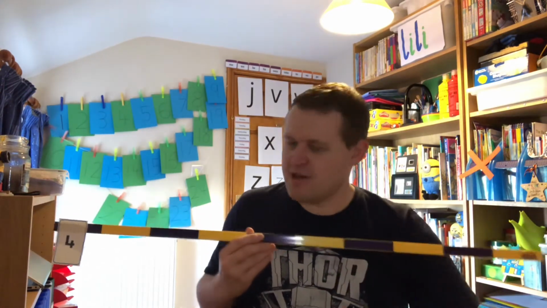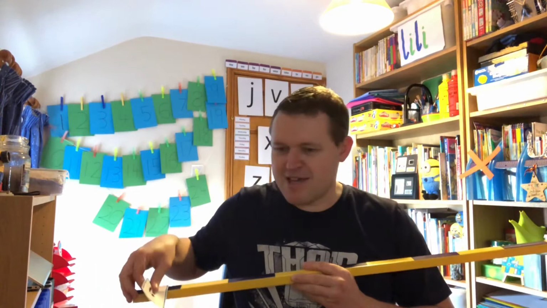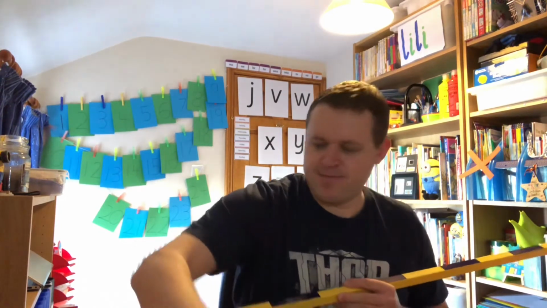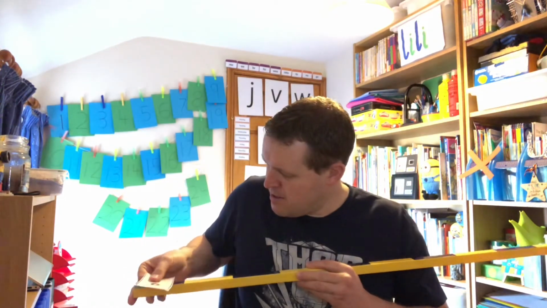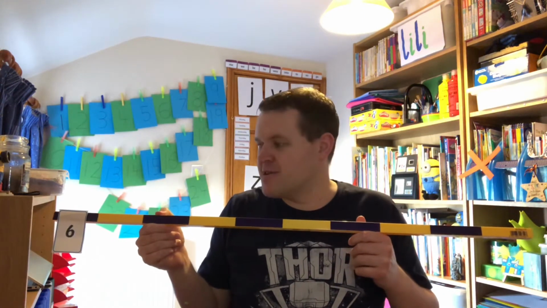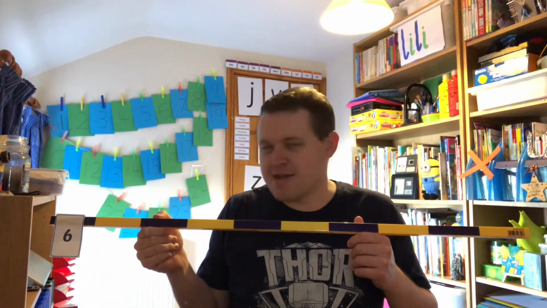Right, let's take off 10. This time, I'm going to say that the first number is actually going to be the number 6. So where would 10 be now? You can use your number bond knowledge. Do you know what number goes with 6 to make 10?